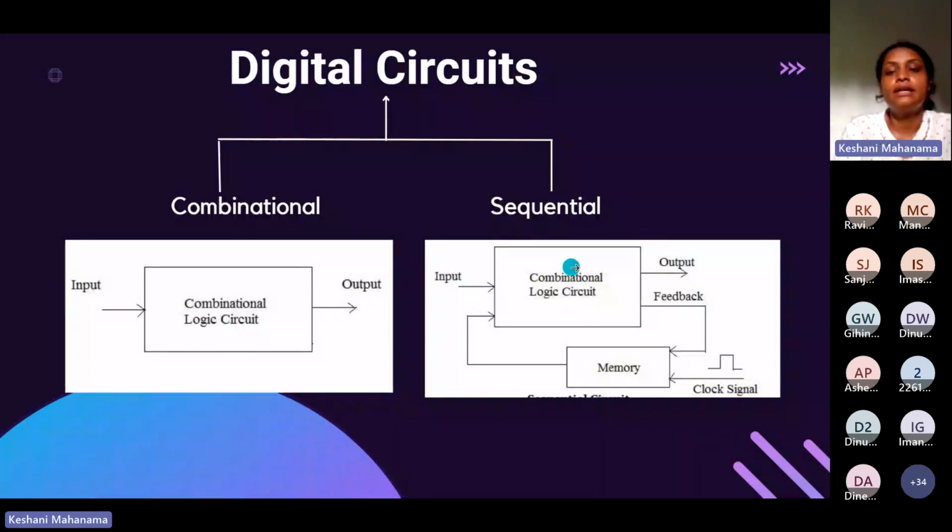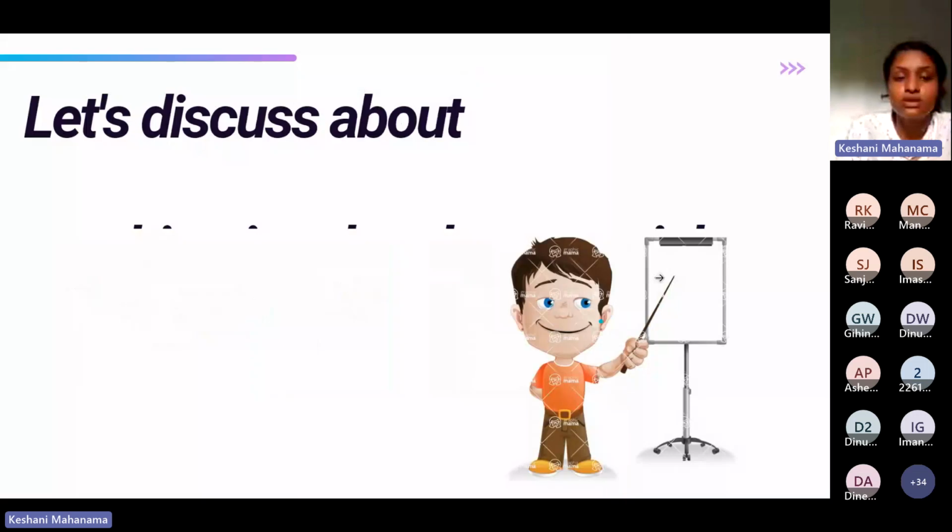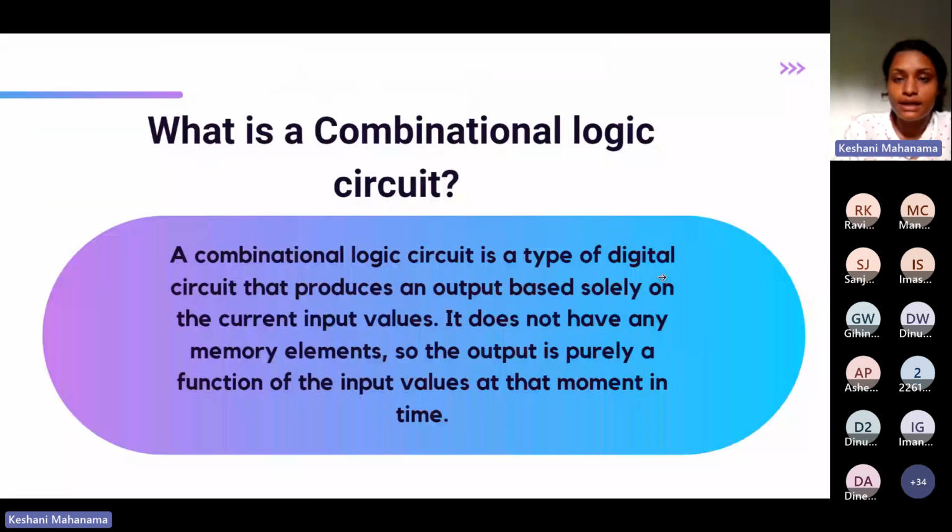So what is meant by a combinational logic circuit? A combinational logic circuit is a type of digital circuit that produces an output based solely on the current input values. It means combinational logic circuits don't have any memory element. It always gives the output according to the current input.